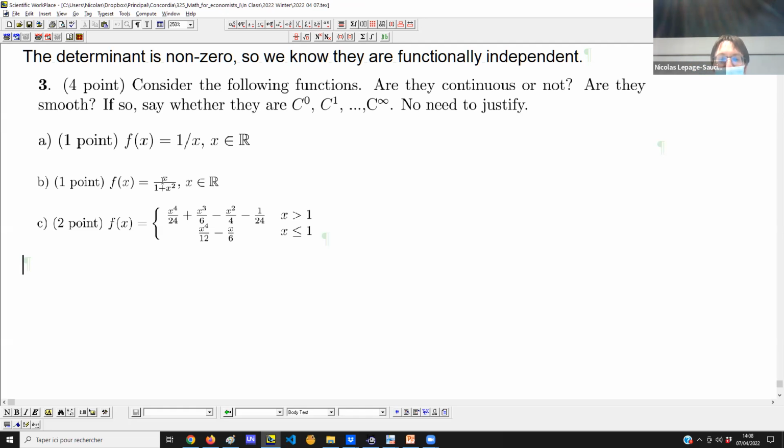So let's see the first one. Do you think it's continuous or not? No. Here it's not continuous. Why? What's the problem? Here the problem is you cannot divide by 0. And I have specifically said the domain is X is real, so it means that we have a problem.